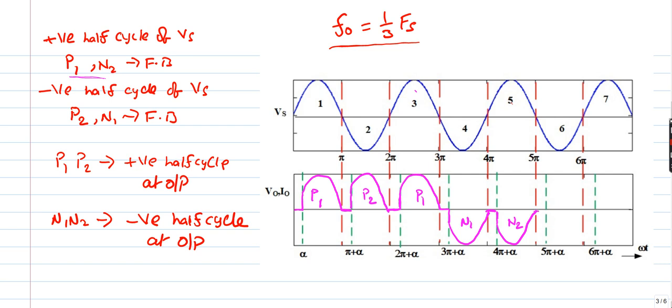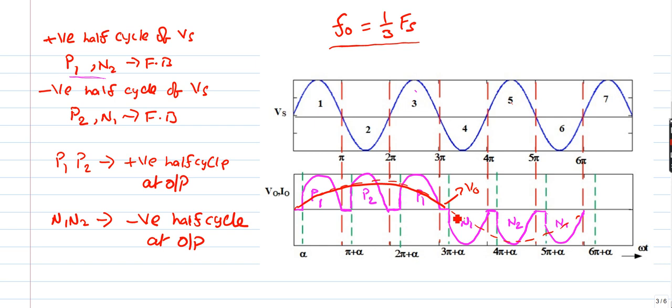Again here the triggering pulse will be given to N1. If you carefully observe, 3 cycles are completed here in the source, but if you draw the moving average of this, only one cycle is completed.